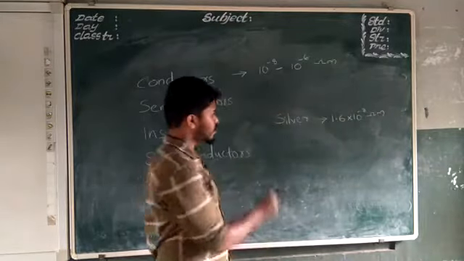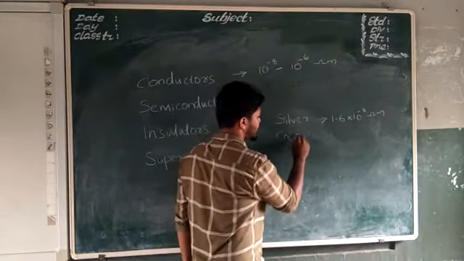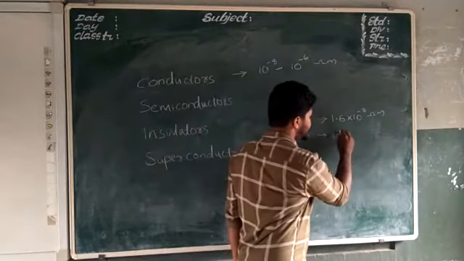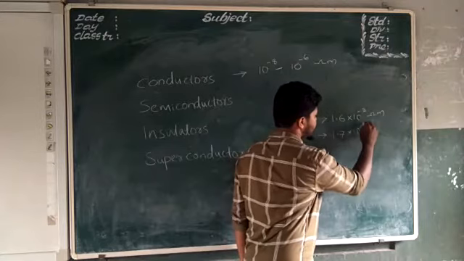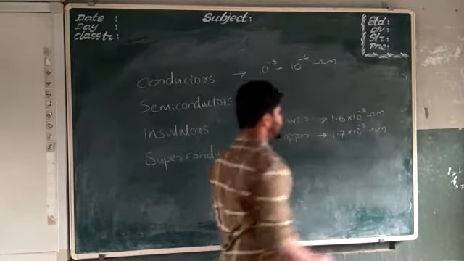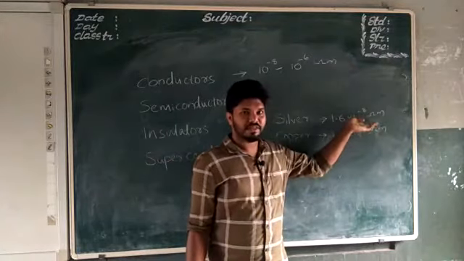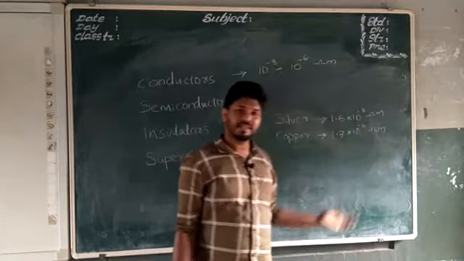The next one is copper. The resistivity of copper is 1.7 into 10 raised to minus 8 ohm meter. See the range? They all belong to the same range, 10 raised to minus 8 ohm meter.